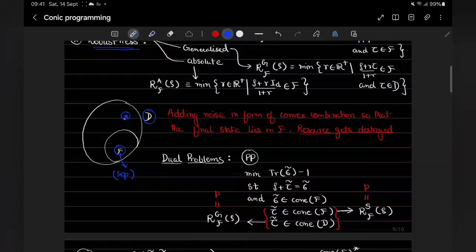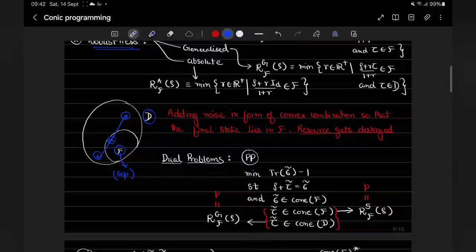Then what you can do is, to this entangled state you can add some noise. So you add a noise, suppose that belongs here, and then this addition or the convex combination lies in this straight line, and if you generate a separable state, what you are doing is you are putting noise to your state to make it separable.